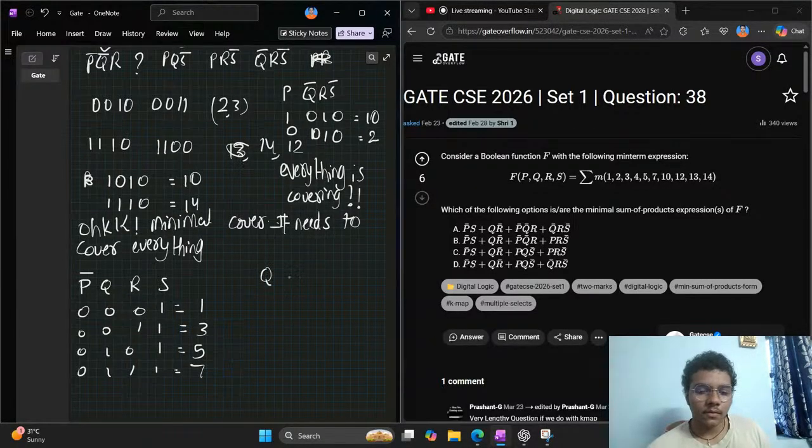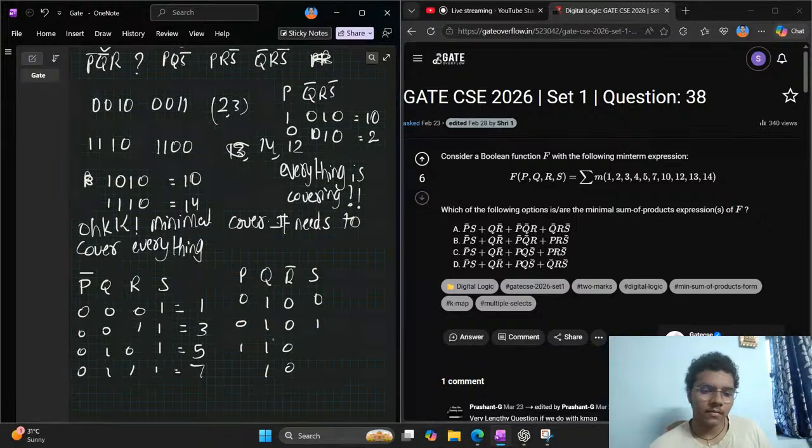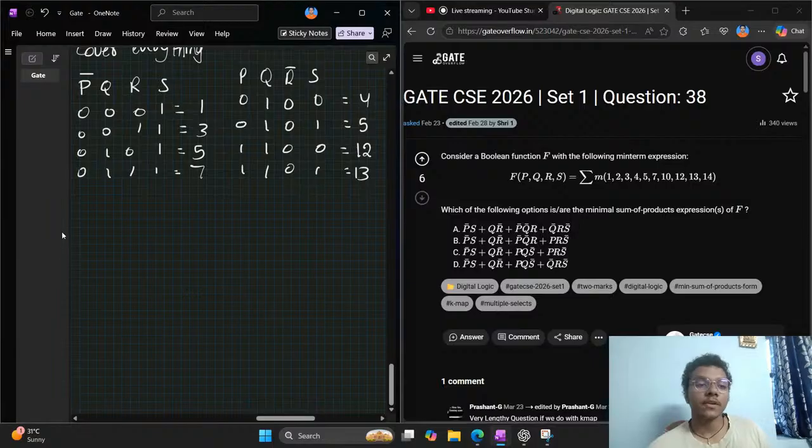And Q, R bar, P, and S. This is 1, and this is 0: so this is covering 4, this is covering 5, this is covering 8 plus 4, 12, and that is covering 13, right?